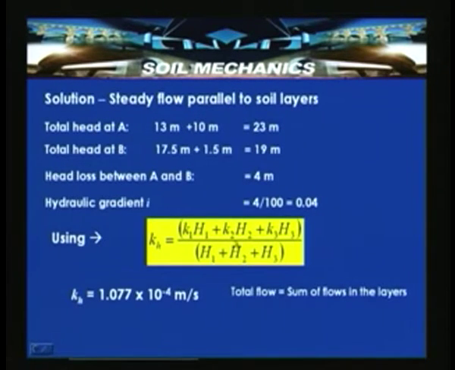Then the equivalent coefficient of permeability can be determined as 1.077 into 10 to the power minus 4 meter per second. This is how the solution has to be worked out for the case of a stratified soil having 3 different types of soils. What we try to get is the equivalent coefficient of permeability for all the 3 sand layers given in the problem put together.